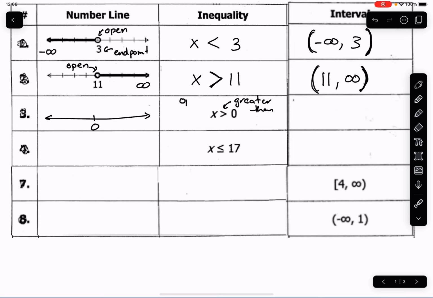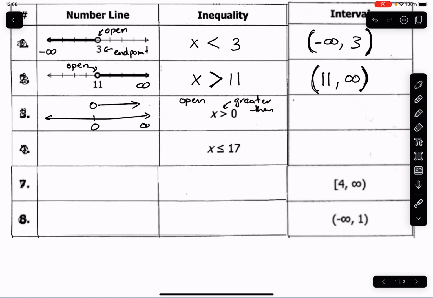And it's going to be an open greater than because it doesn't have the equal sign. So in other words, it's strictly greater than. So it's an open greater than. So we're going to put an open circle above the 0. And since all of the values of x are going to be greater than, that's going to go towards positive infinity. So this would be the number line that represents this inequality.